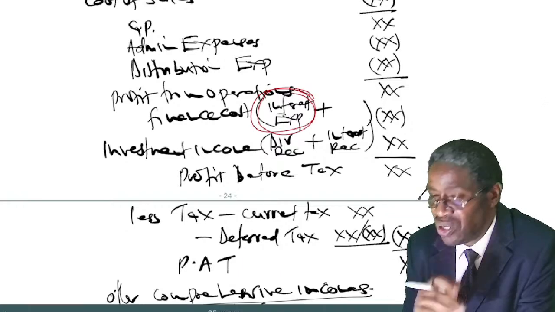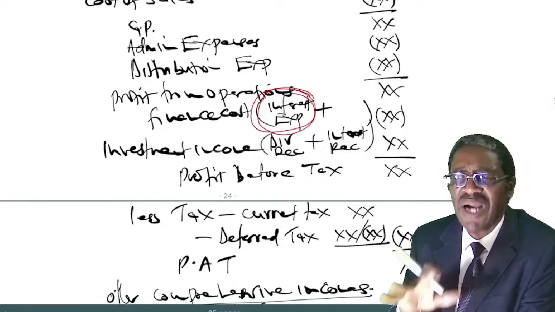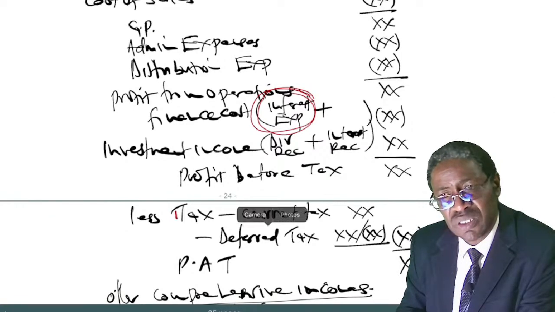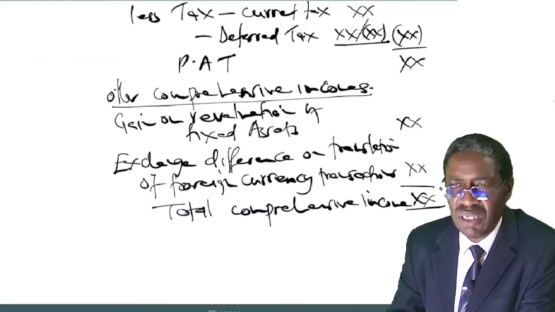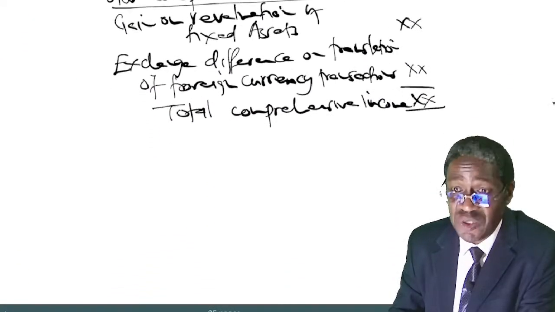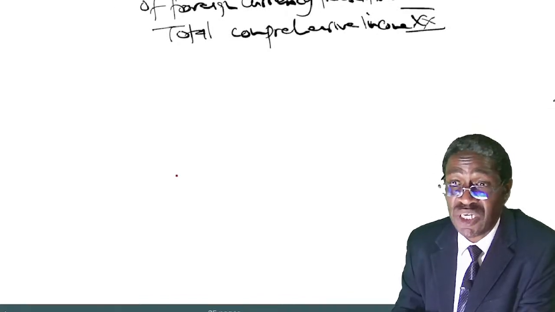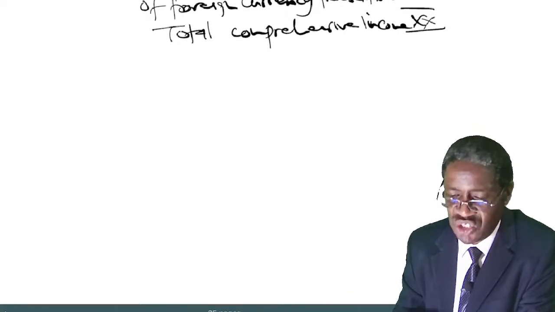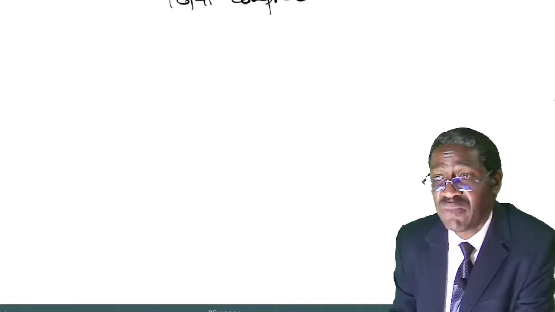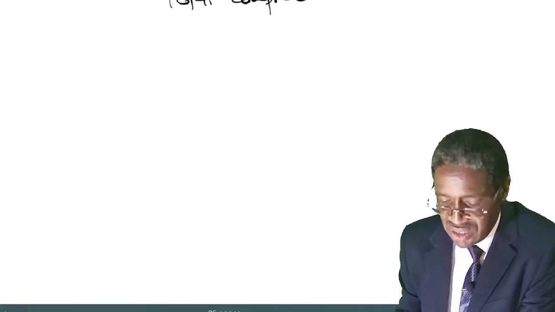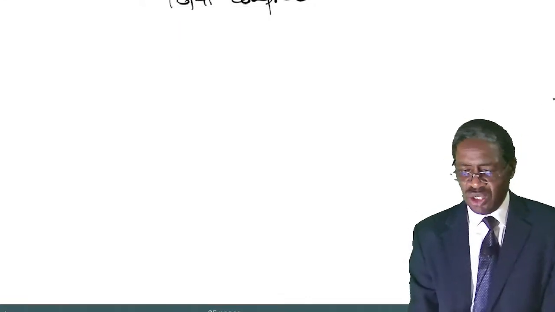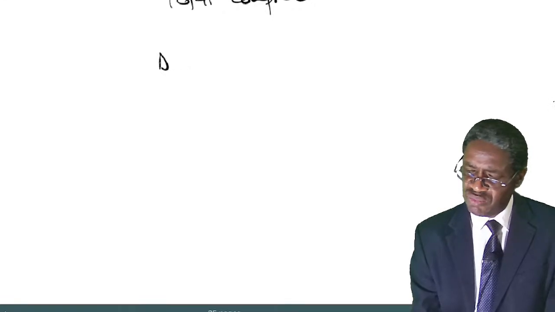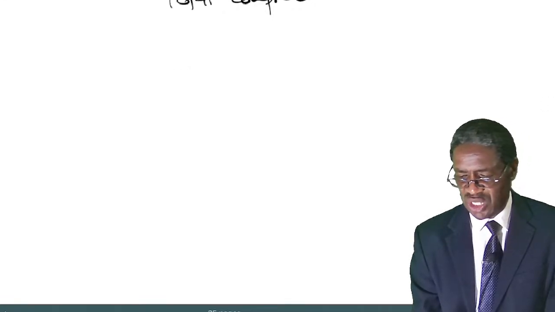Now, listen. When it comes to interest, how much interest you take to the income statement, that's not a new concept to you. You must have done it in financial accounting, especially when doing the topic of company accounts. You used to be given a trial balance of this nature.